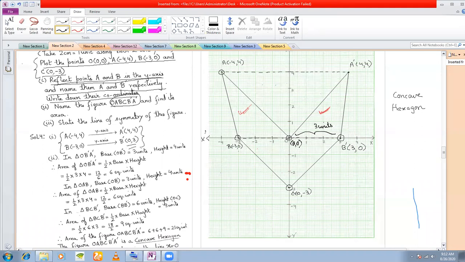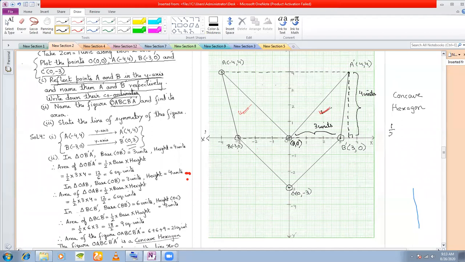From here, you drop a perpendicular. So what is the height of this triangle? 4 units. So what should be the area of this triangle?